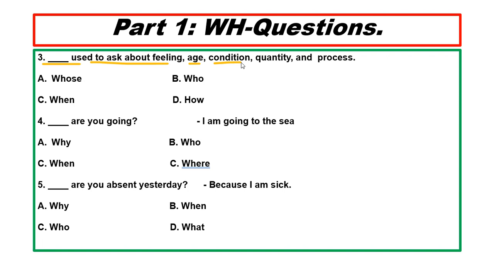Are you okay now or not? Quantity, of course, how many, how much, asking about the kilo or number. And process, how do you do something to obtain that. What did you do to obtain something? That is the process.